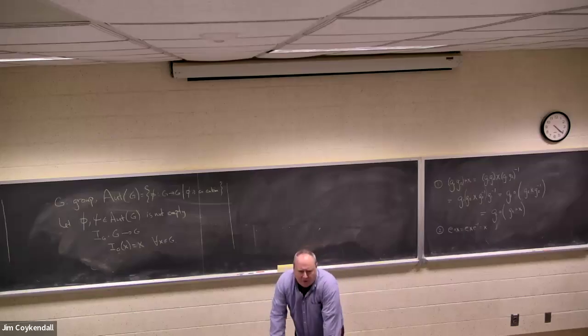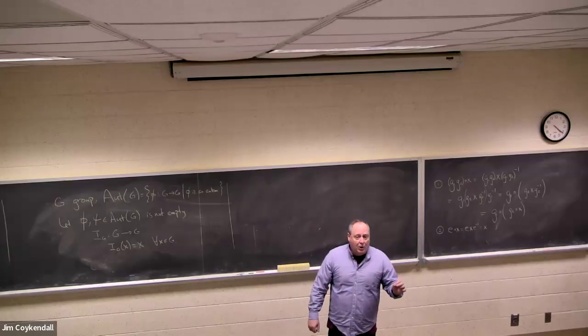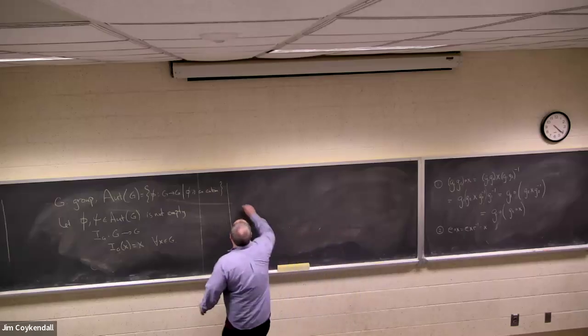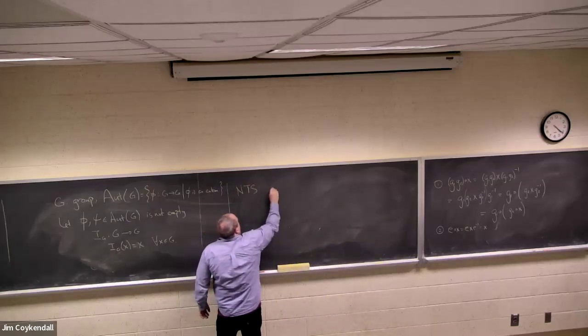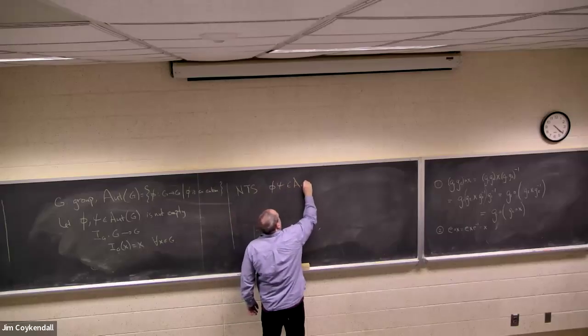What's the first thing that I need to show if I want to show that it's a group? Yes, closure. I think that's a day one thing we've got to do. We need to show that if I do these two, it's still in the set.